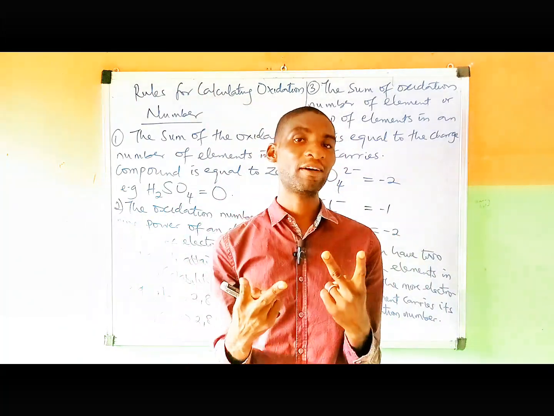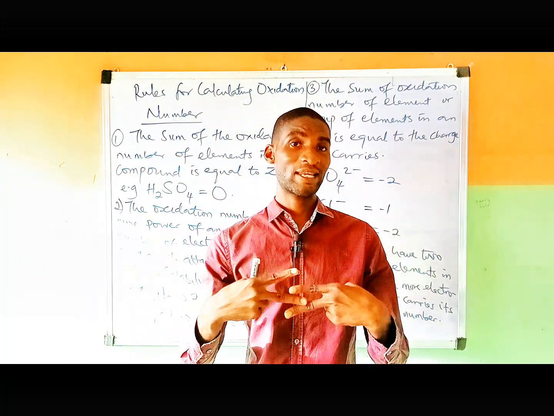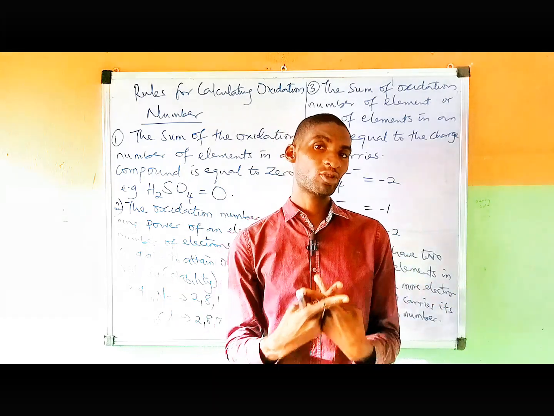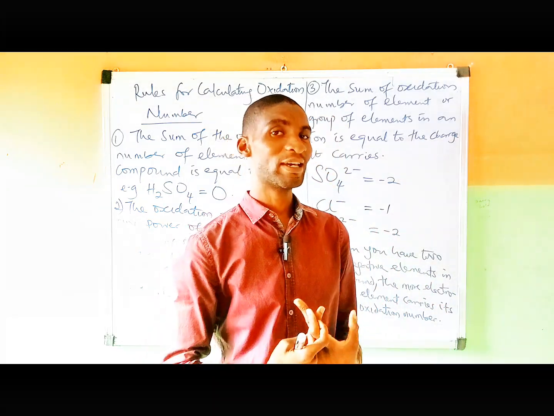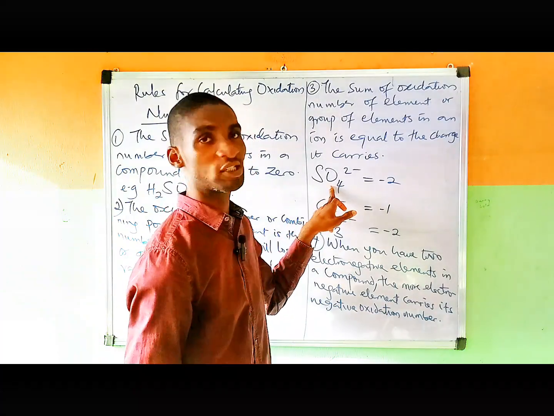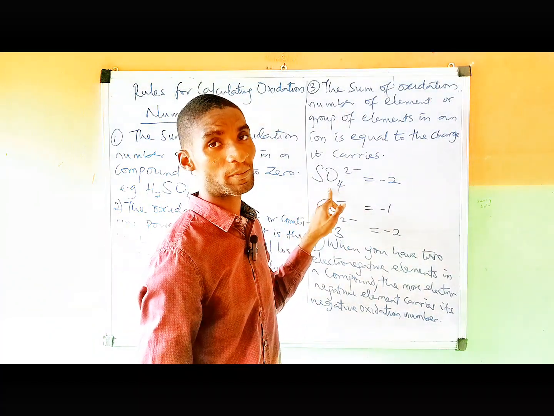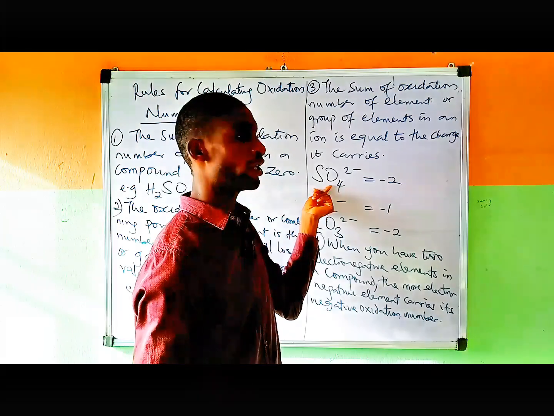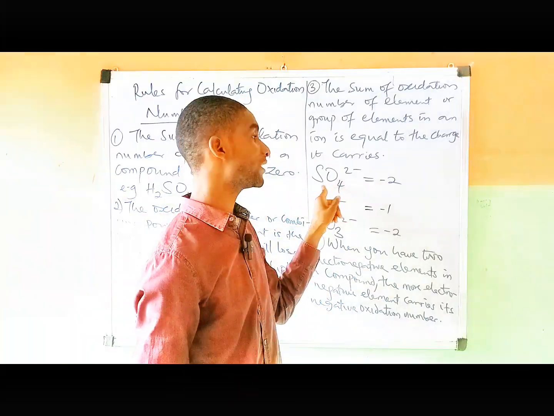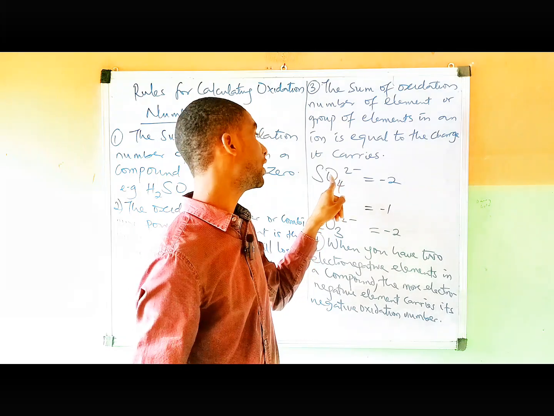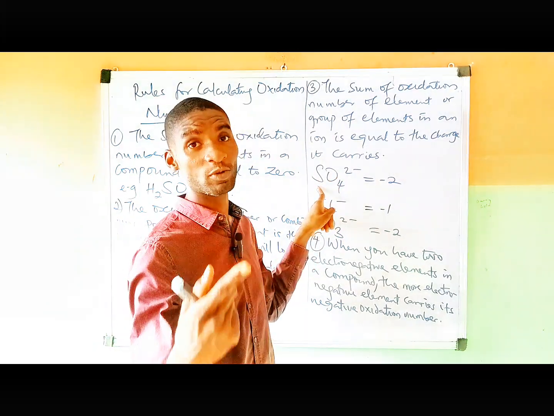So you cannot have two negatives coming together. Remember, like poles repel and unlike poles attract. So when you have two elements, for example, sulfur and oxygen, they are both highly electronegative elements. In this situation, the most electronegative of the two will come in with its negative oxidation number, while the least electronegative will come in with a positive.